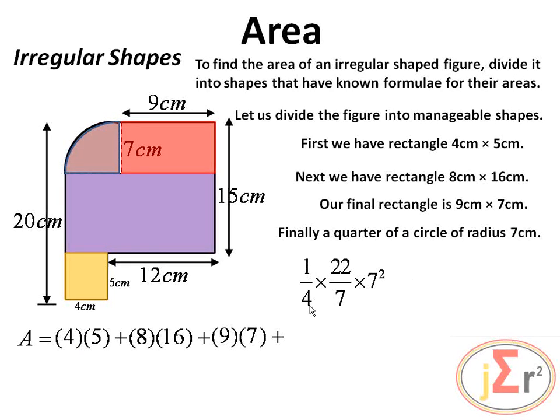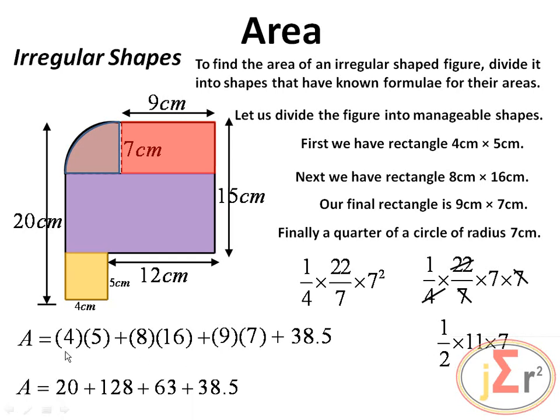So a quarter times 22 over 7 times 7 squared. And of course, 7 will cancel with 7 and 4 into 22. So we will have 11 times 7 to be divided by 2. And that will give 38.5 centimeters.